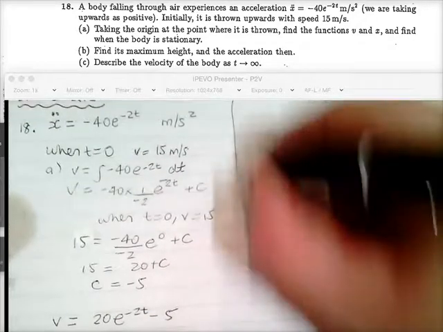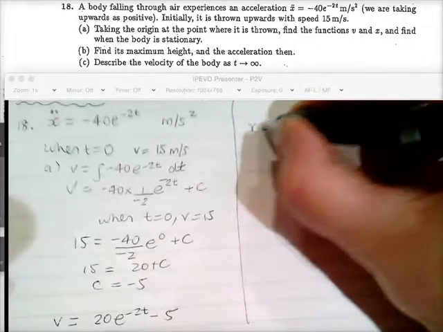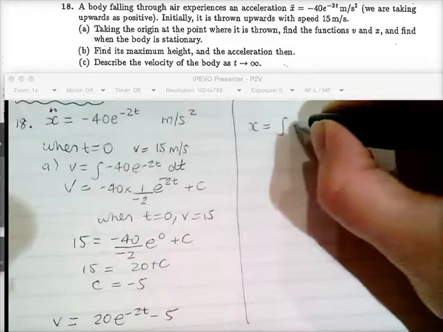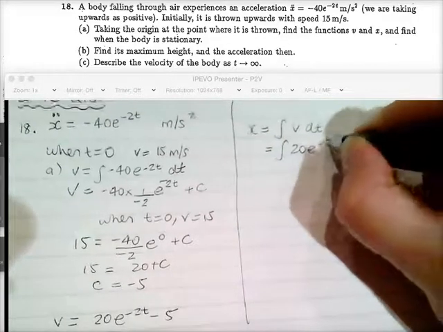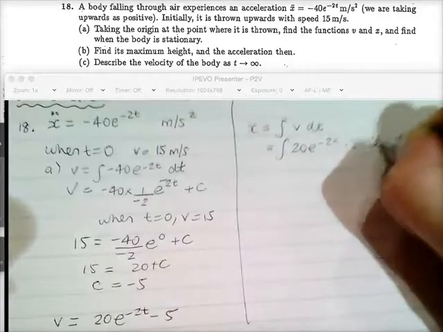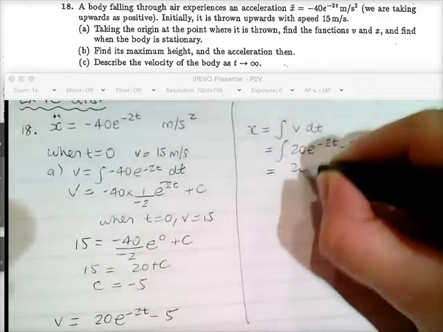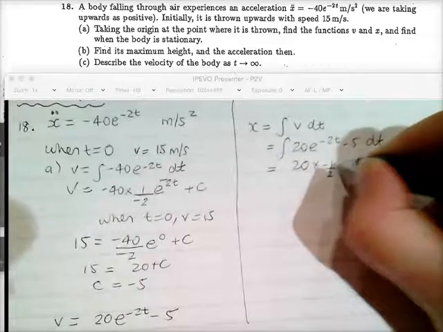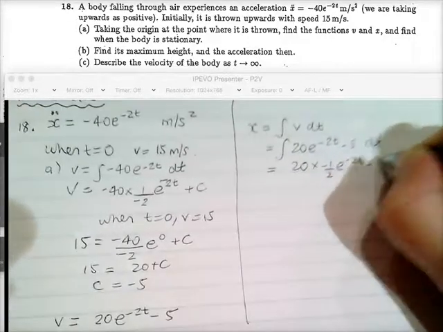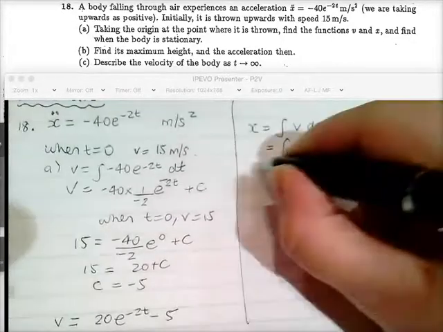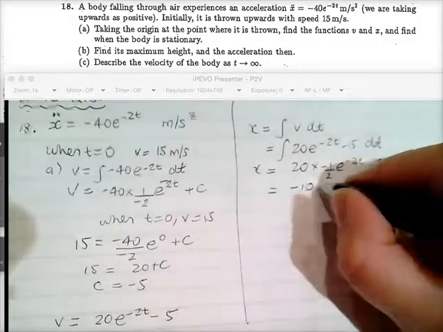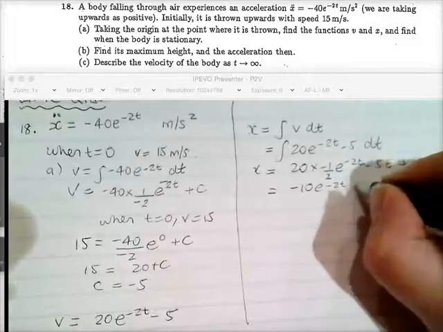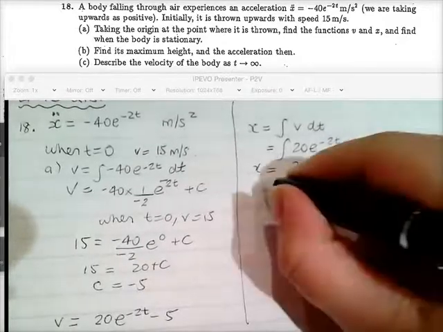Now to find x, x equals the integral of v dt, so it's the integral of 20e^(-2t) minus 5 dt. Integrating that, we get 20 times -1/2 e^(-2t) minus 5t plus c, which is -10e^(-2t) minus 5t plus c.